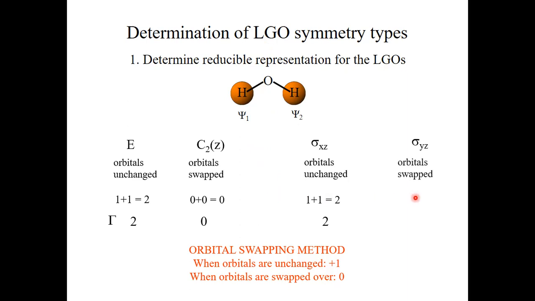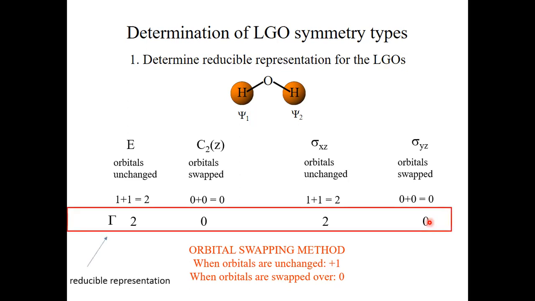Okay, so each of the orbitals gets the character 0, and 0 plus 0, well, that gives 0. So now we have found our complete reducible representation: 2, 0, 2, 0.